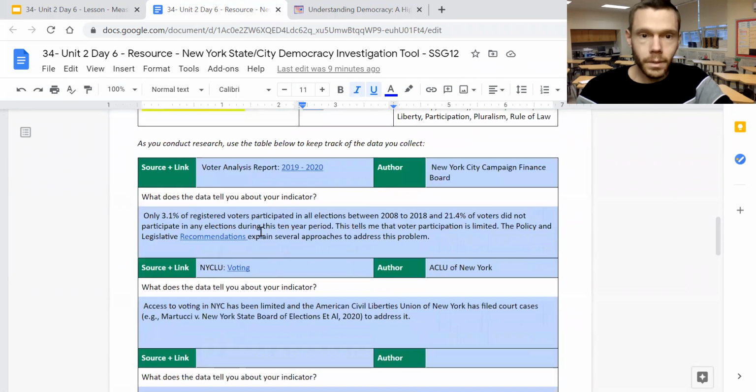As we're conducting research, we want to use this table to keep track of the data that we are collecting. We'll want to keep track of who is the author of the source, whether that be an actual person or an organization. In the case of the two sources that I'm using here in this sample, it's organizations. And we see some very clear connections to the data as it relates to the indicator.